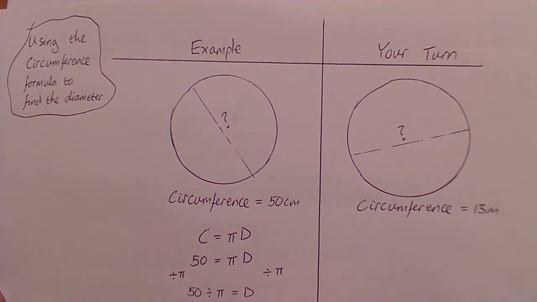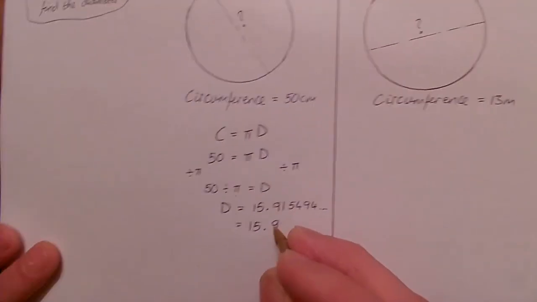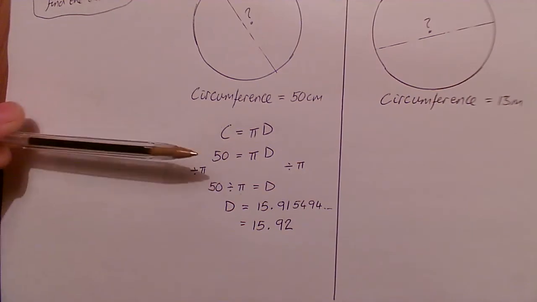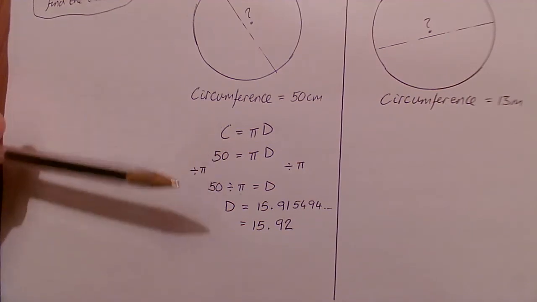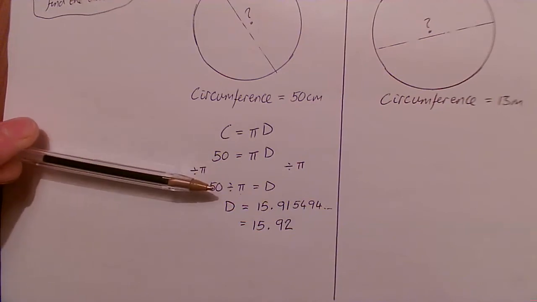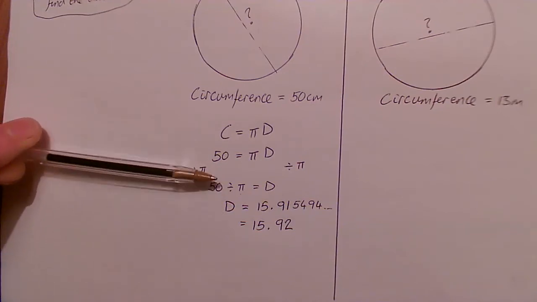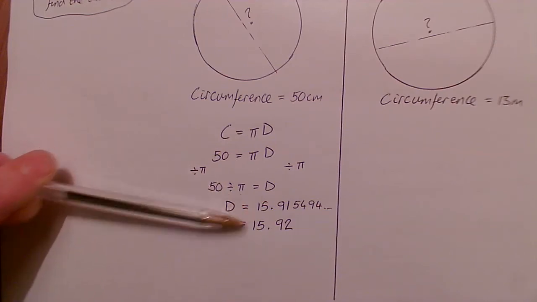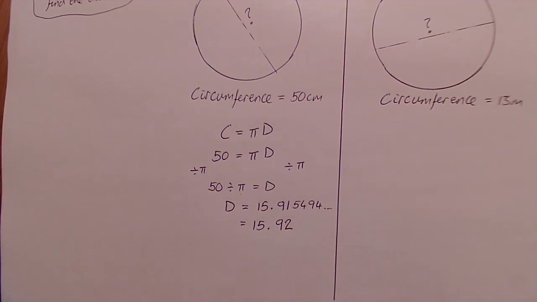Our calculator will turn out 15.915494, etc. We'll round that, which gives us 15.92. So key steps: write our formula, put in the numbers that we do know, and then try and solve it like an equation. When we're solving it like an equation, just use our calculator to divide by pi on both sides. And that gave us an answer. Write the full answer and then round it.